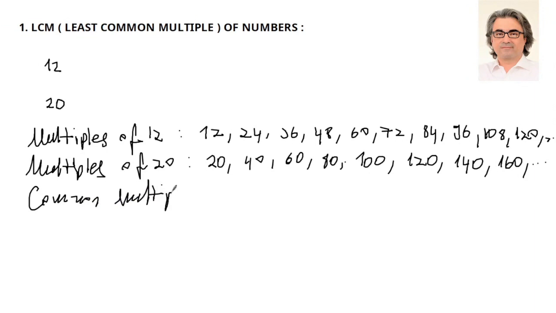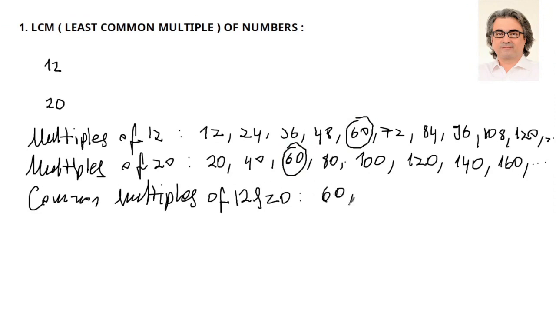Now let's try to find the common multiples of 12 and 20. And 60, as you see, 60 is the first multiple, the smallest multiple, 60.